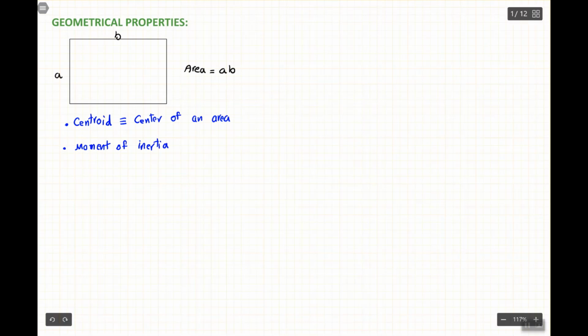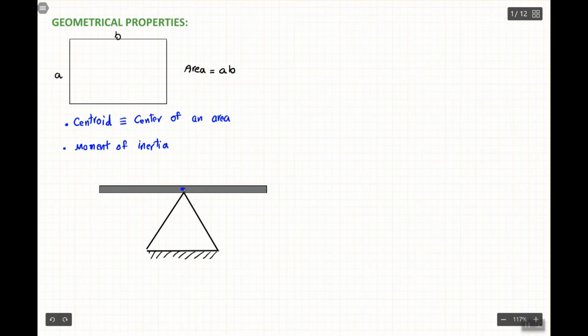We are familiar with a center of mass. Let's say if I have a beam, the concept of center of mass is, if somebody puts this beam on a sharp point, more like a cone, and let's say we fix this cone to the ground, we can assume that the whole mass is at this tip because everything is balanced.